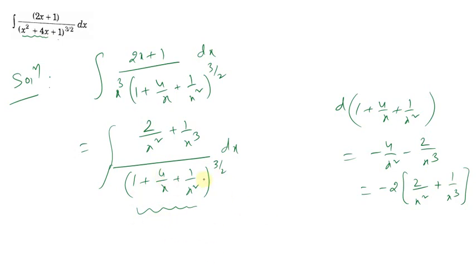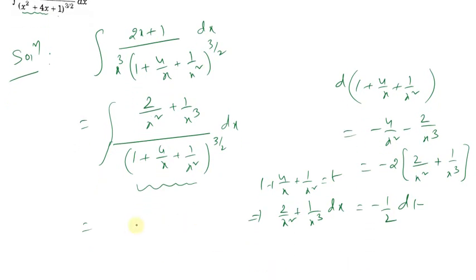So let me take 1 + 4/x + 1/x^2 equal to t. Then (2/x^2 + 1/x^3) dx is equal to minus 1/2 dt.